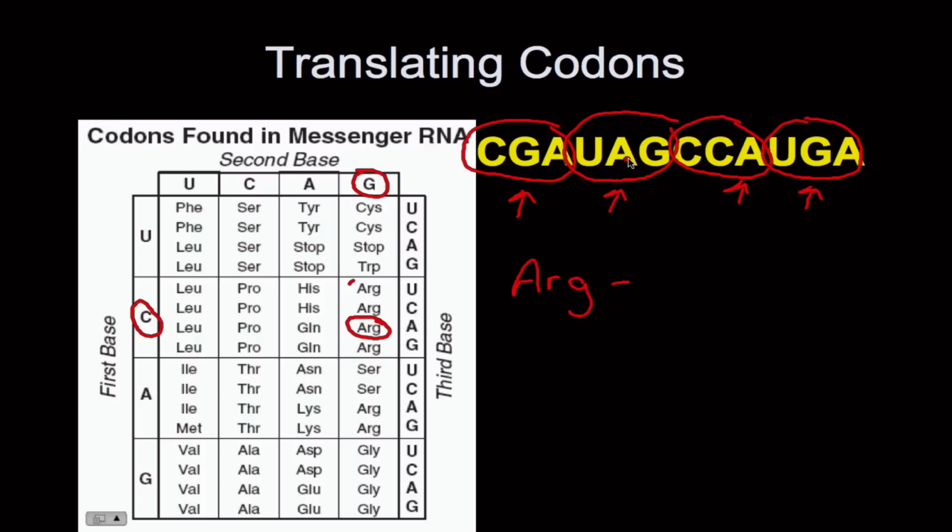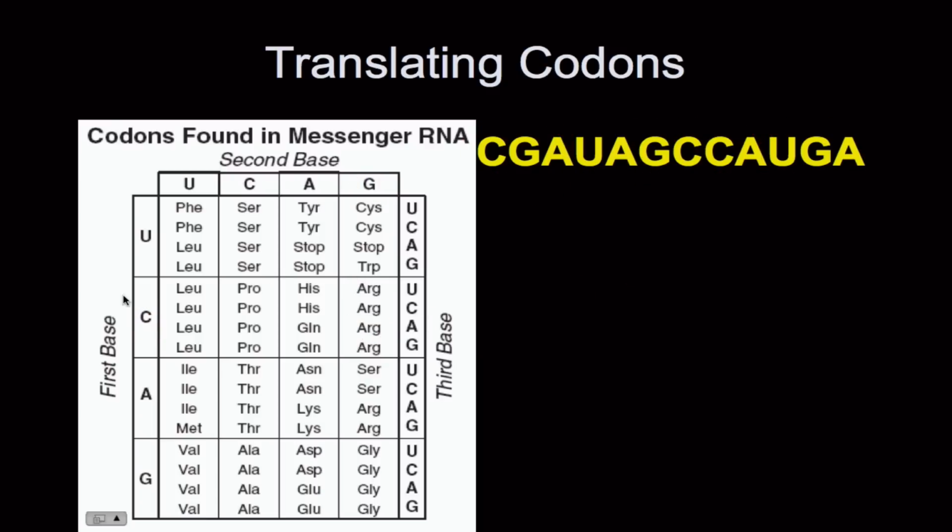Then the second one would be UAG, and so we would first go to the U, and then we're looking at UAG right here, and then we would go to the A, and then we would find G. So we have U, A, G, which is a stop codon. That tells us that's the end of where that protein is going to be made.